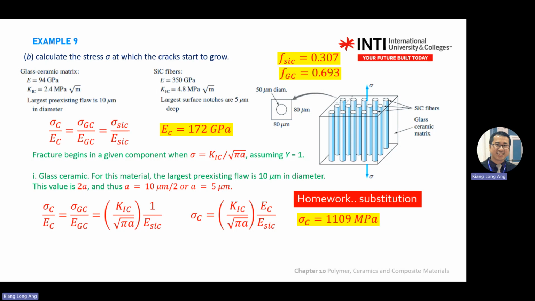Only the KIC value is different. In this case, we use the ceramic, which is 2.4. You calculate. You need to do the homework so that you understand what value to use.